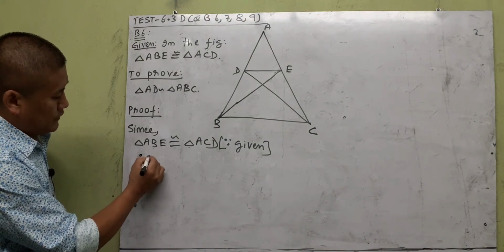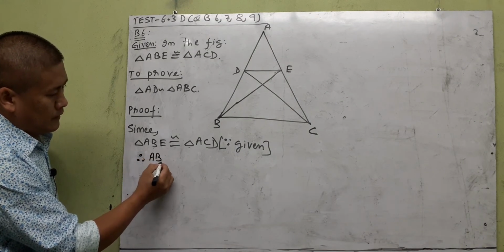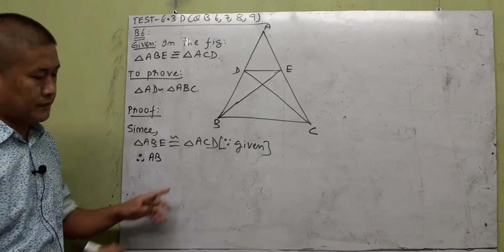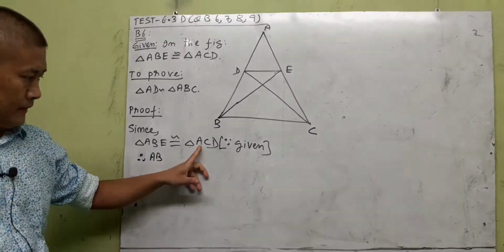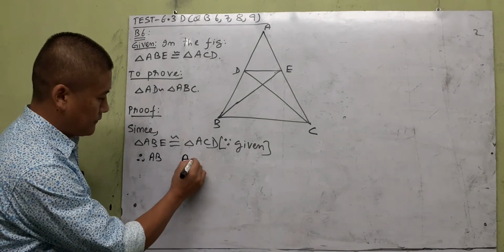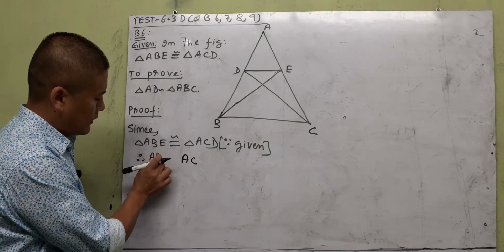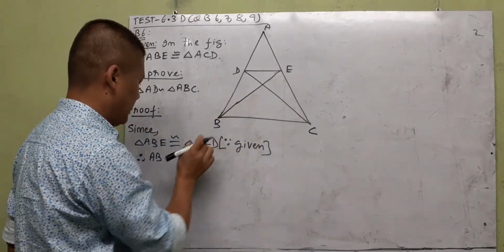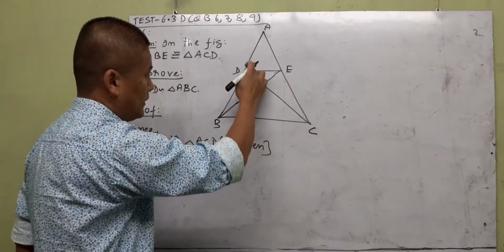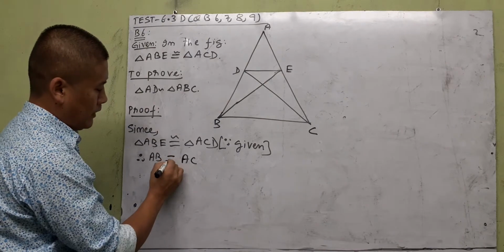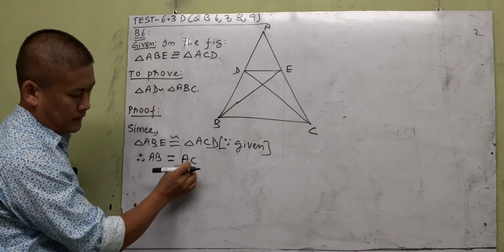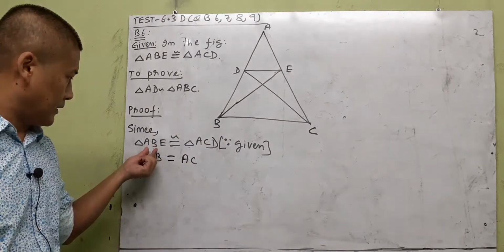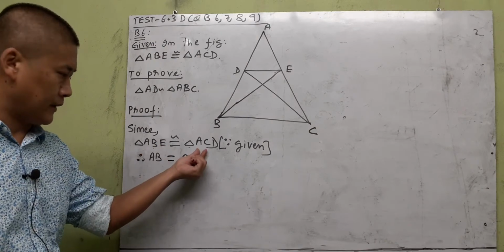Therefore, the first two letters AB. Then what are the first two letters in the next triangle? That's right, AC. So the first two letters make one side of the triangle ABE, and the first two letters AC in ACD, they are the same position letters, first, second.